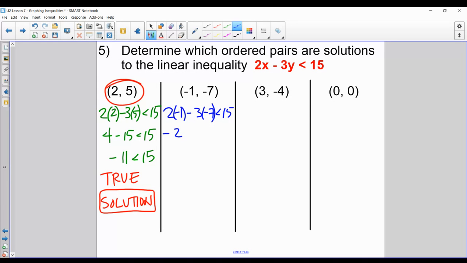If I'm taking a -3 times a -7, that's going to be plus 21 less than 15. So I have 19 less than 15. So this is not true. So it's not part of the solution.